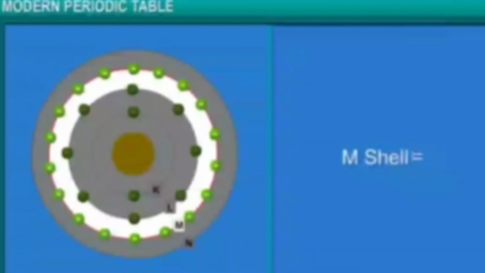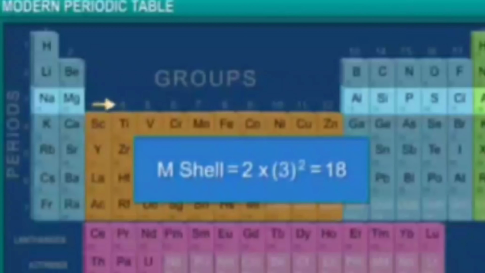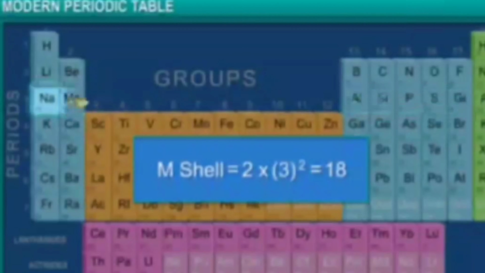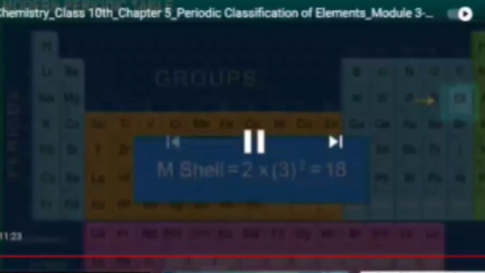In the same way, for the third shell, 2 into 3 squared is equal to 18. However, in the third period, there are only 8 elements present.